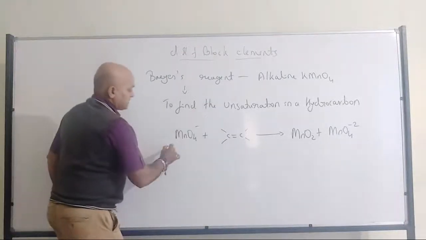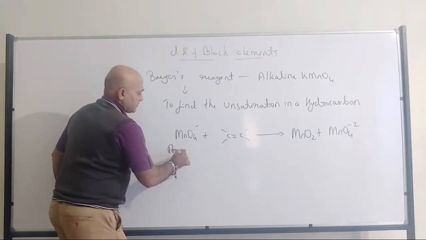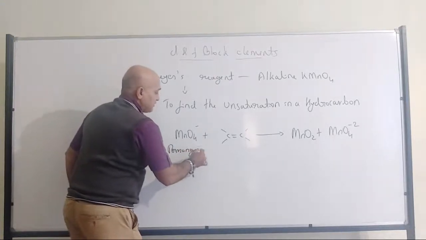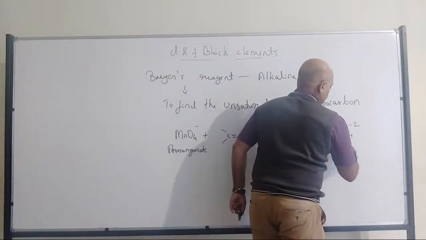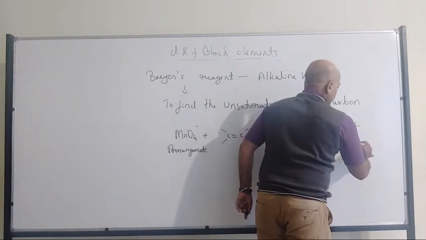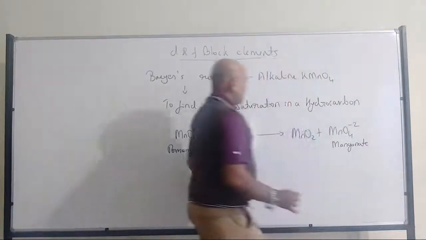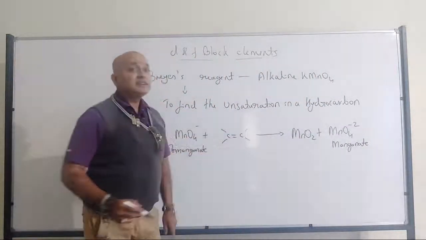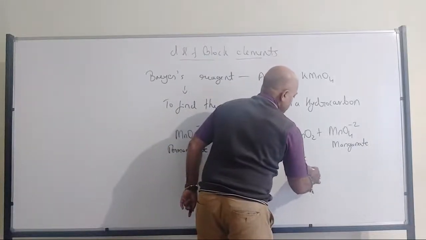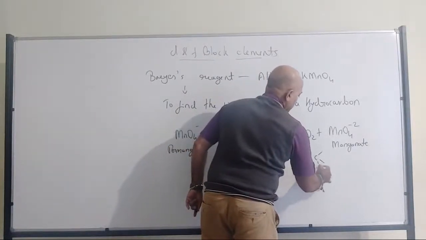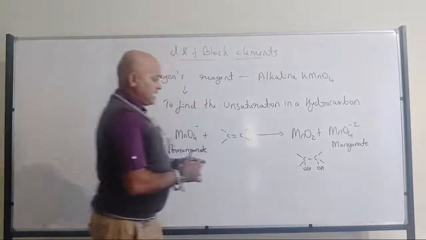Minus 1, minus 2. Anyway, they will not ask the reaction. They will ask the principle of Bayer's test. So that's what will happen, and there will be addition of oxygen across the double bond.